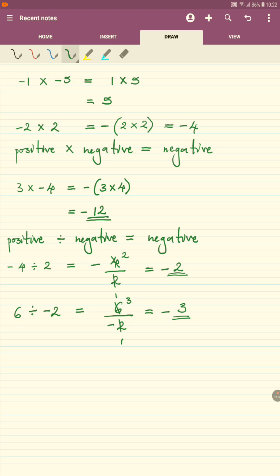And if we have a negative number that is being divided by another negative number, you get your answer as positive.